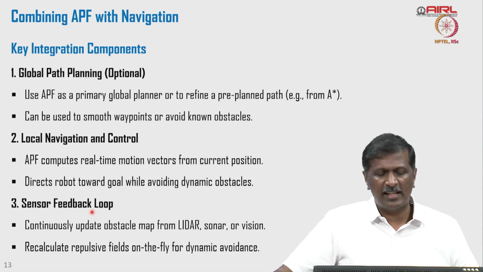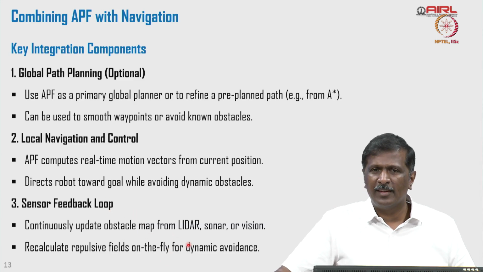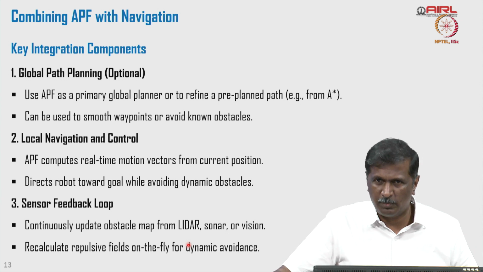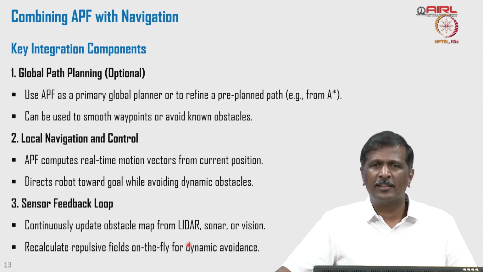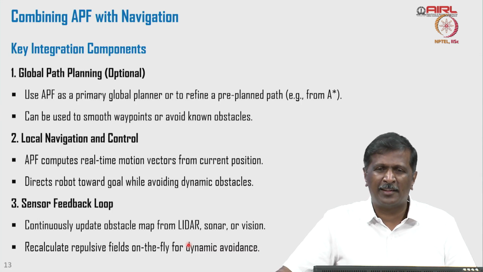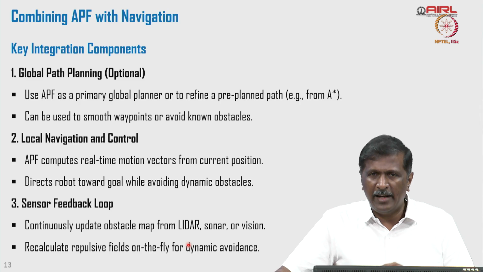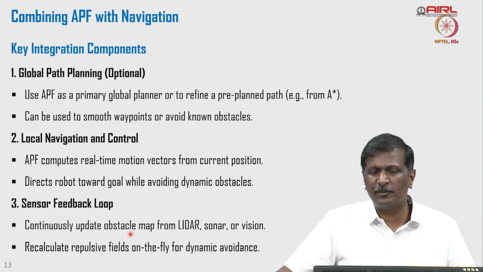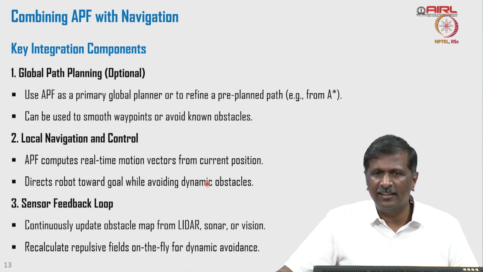You can also use it in sensor feedback loop, right? You can continuously update the obstacle map from radar or sensor, LiDAR or camera. Every time I do the threat perception, compute the conflict region and keep updating it in APF based local path planning. I can recalculate the repulsive force and then I can handle dynamic avoidance too.